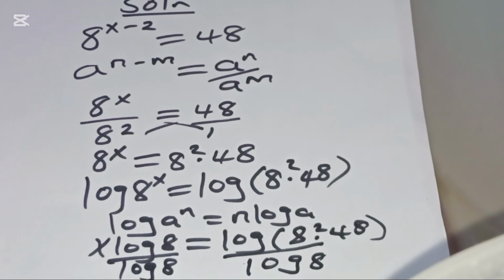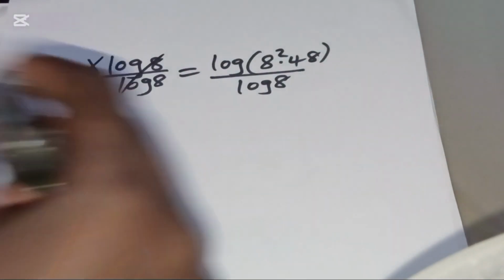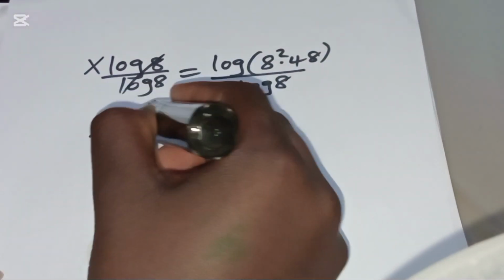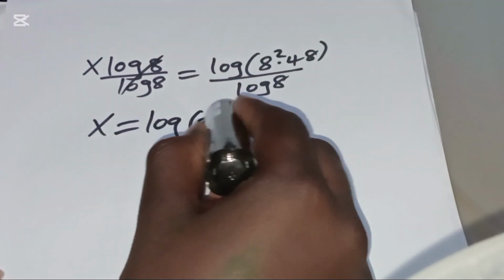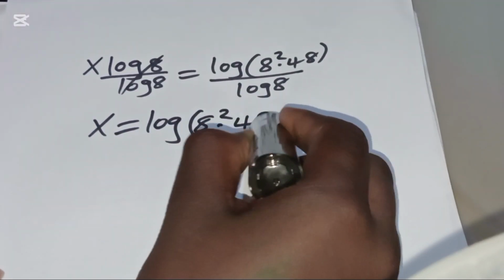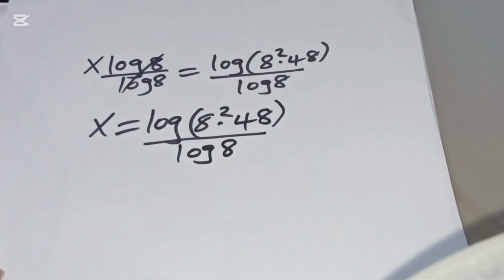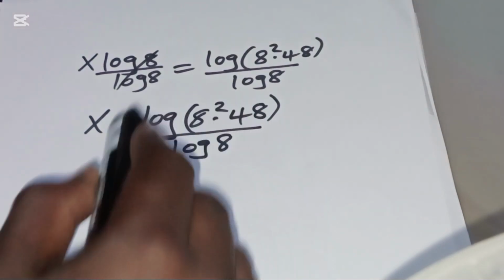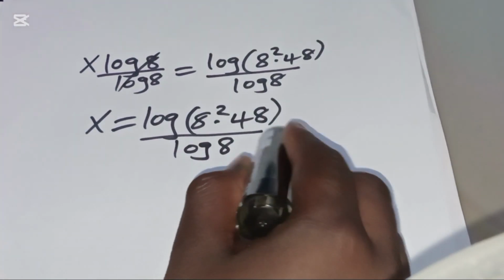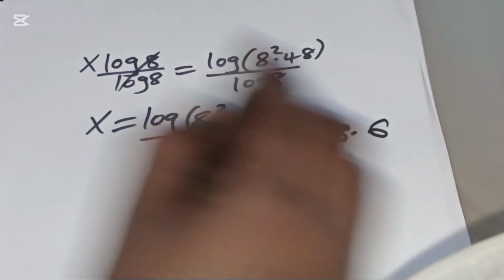So now we'll have x as, simplifying here, log 8 and log 8 simplifies, so that x is equal to log of 8 to the power 2 multiplying by 48 divided by log 8. As you can see here, we can express 48 basically as 8 multiplied by 6.